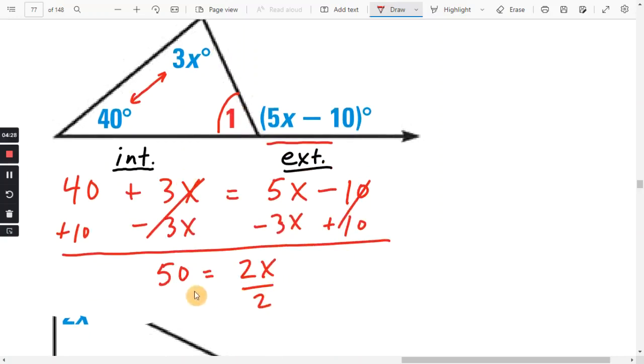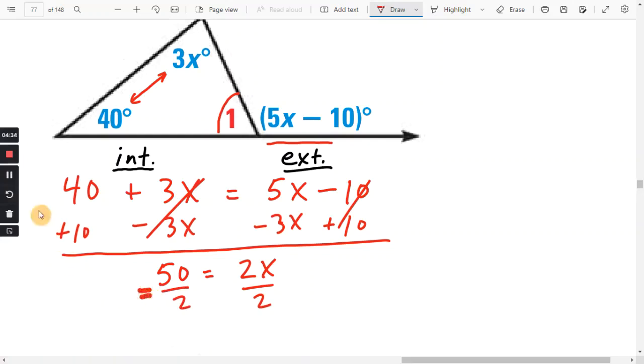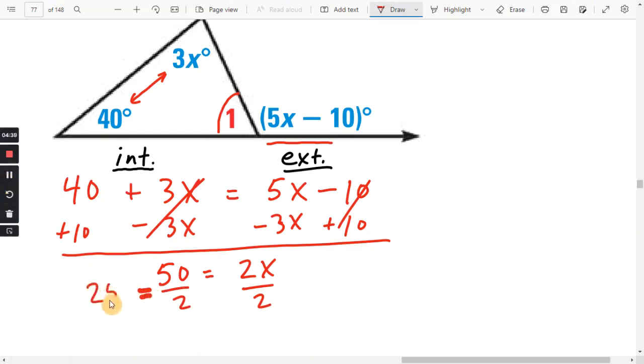And dividing both sides by 2. 50 divided by 2 is just 25. All right, so they wanted angle 1, so we have to take that 25 and plug it in. All right. So x is 25.